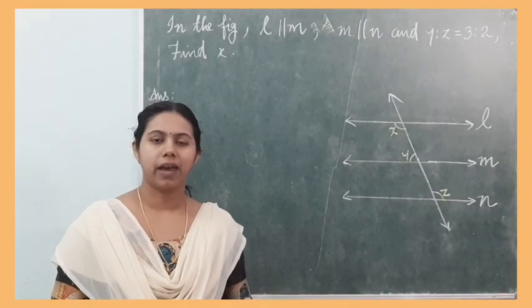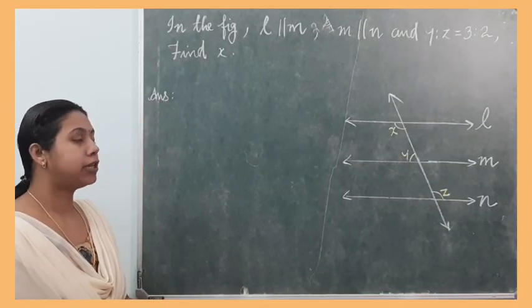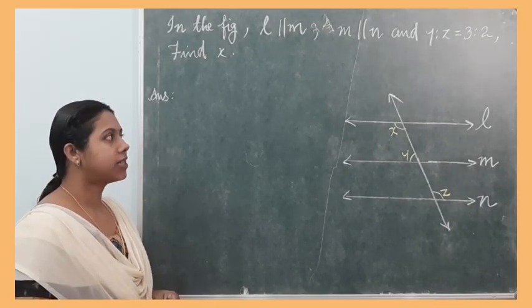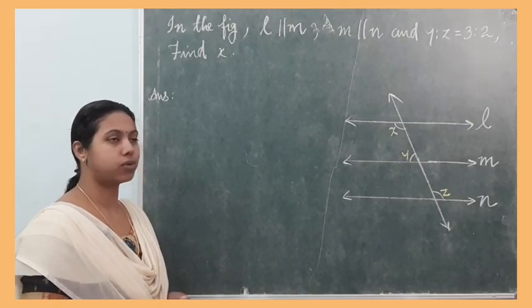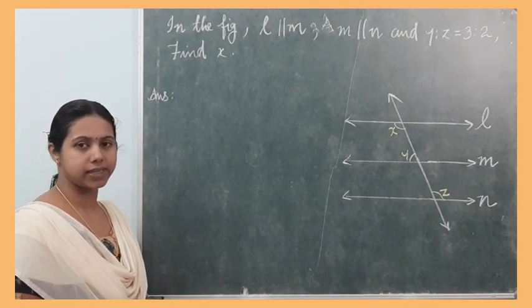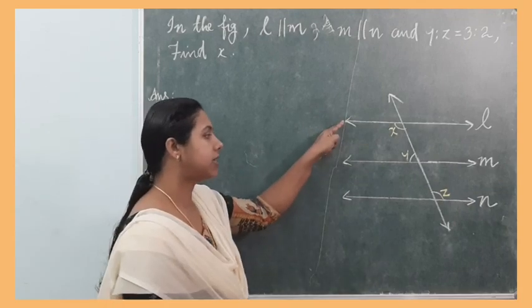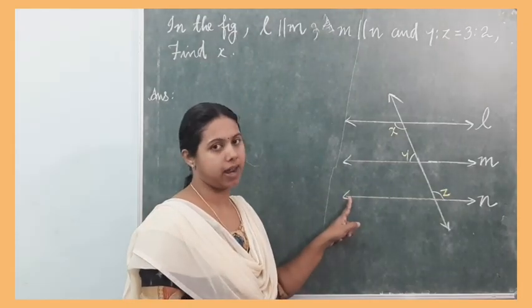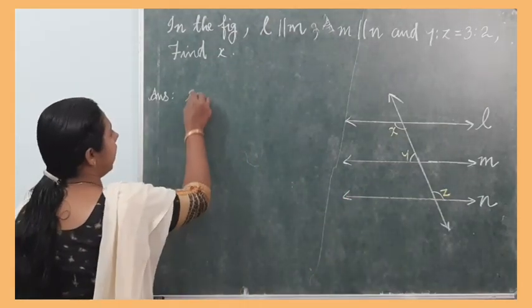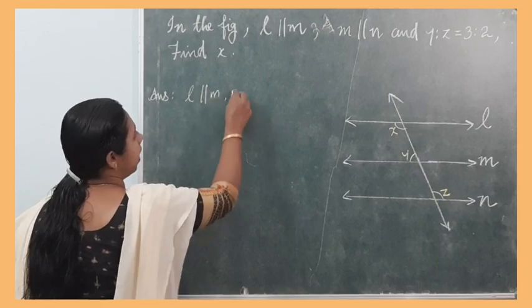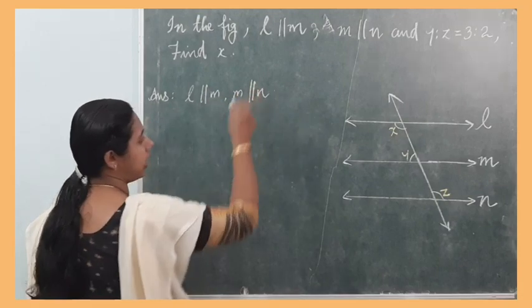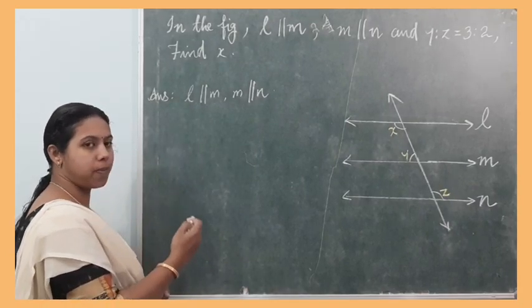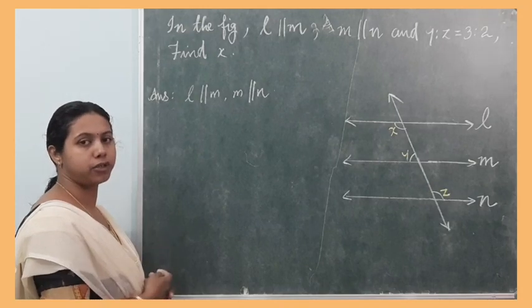Next question. In the figure, L is parallel to M and M is parallel to N, and y is to z is equal to 3 is to 2. Find the value of x. Here line L is parallel to line M and line M is parallel to line N. So using theorem 6.6, lines which are parallel to the same line are parallel to each other.